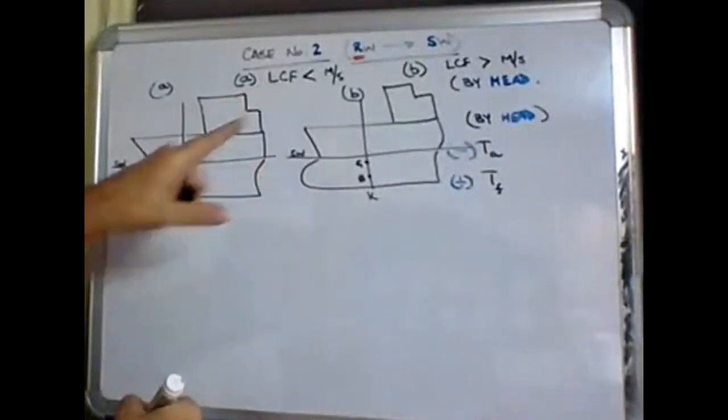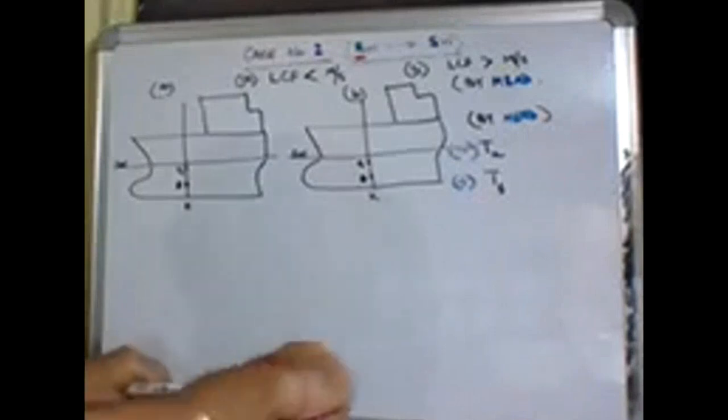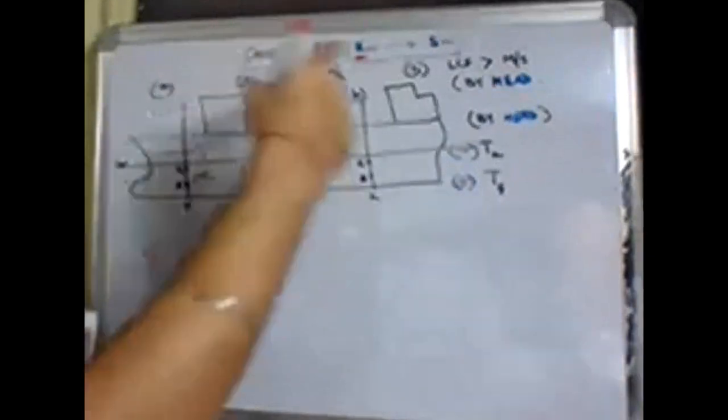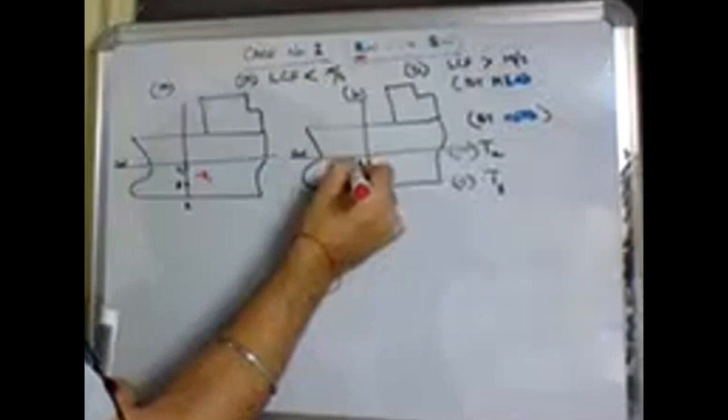When LCF is aft of midship, so इसका जो B1 है वो इधर जाएगा, आफ्ट साइड पे जाएगा. और जिसका LCF फॉरवर्ड है उसका B1 कहाँ जाएगा?